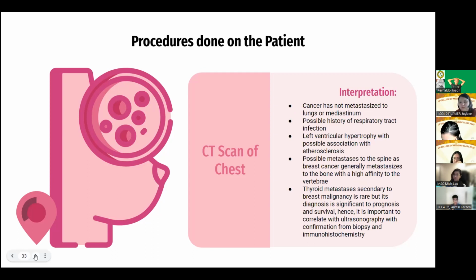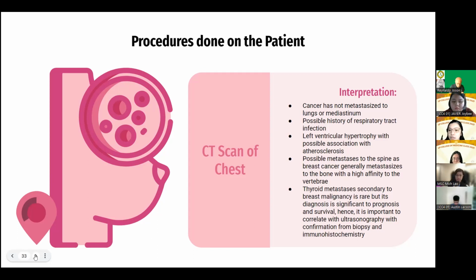Next slide, please. So we can interpret from her CT scan that her cancer has not metastasized to her lungs or mediastinum yet. She has a possible history of respiratory tract infection. She has left ventricular hypertrophy with a possible association with atherosclerosis.